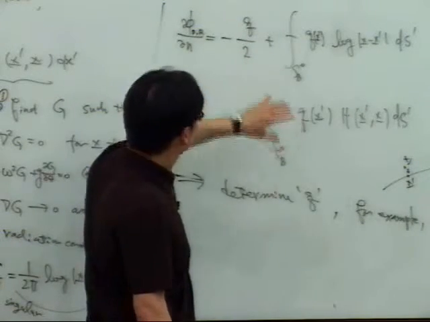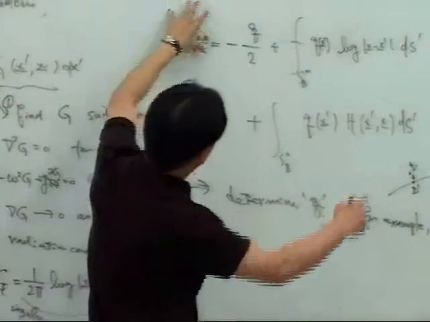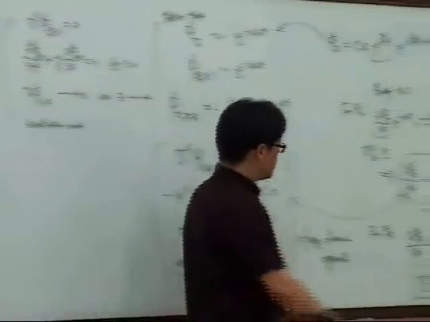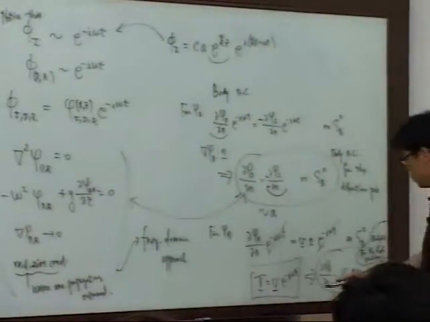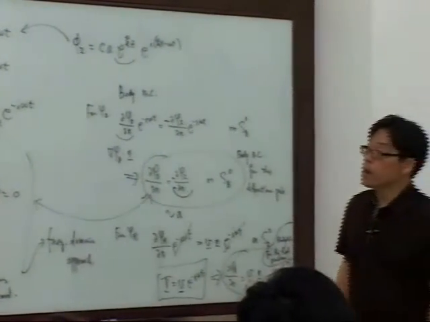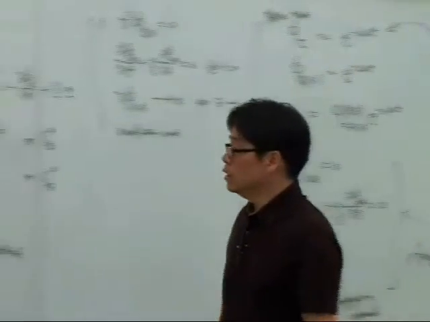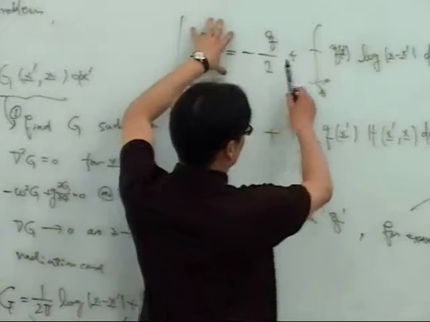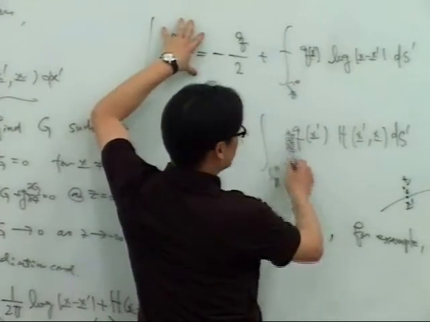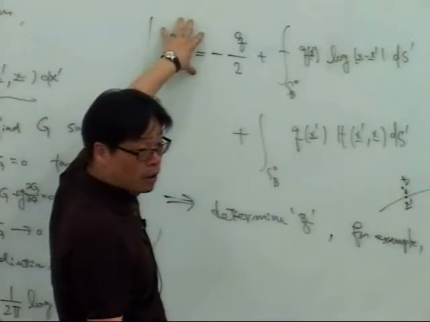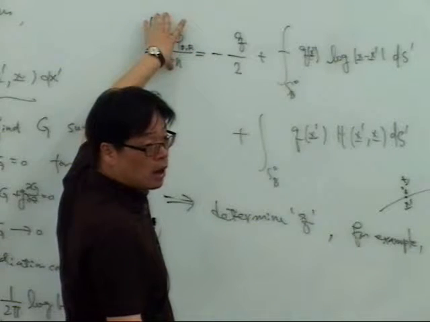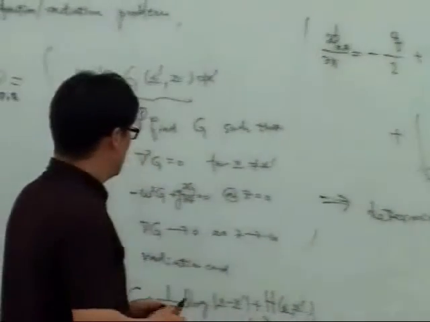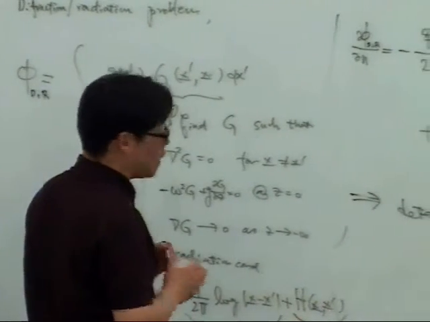But once you do that, then the right hand side is known, and we assume this is known, and therefore the only unknown is Q. And you can construct the matrix as before, and then you can solve it. Okay? So that's the idea of solving the radiation and diffraction problem.